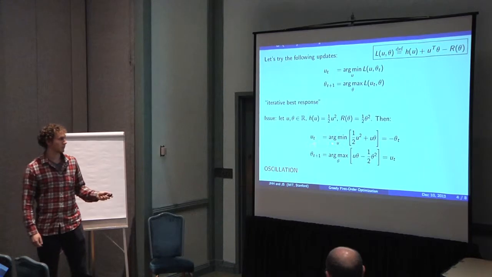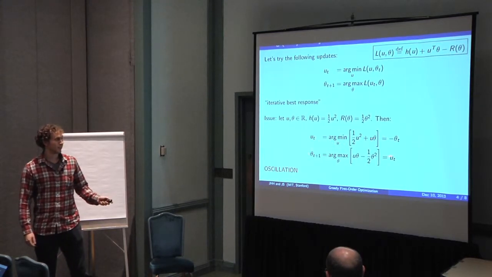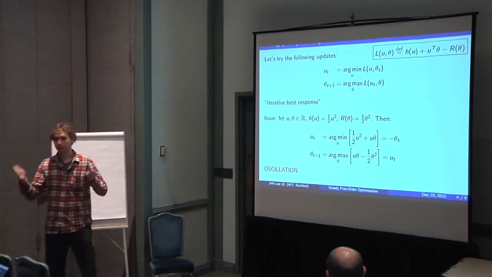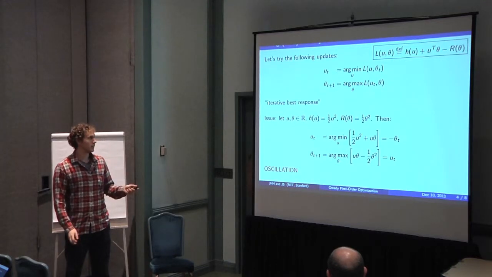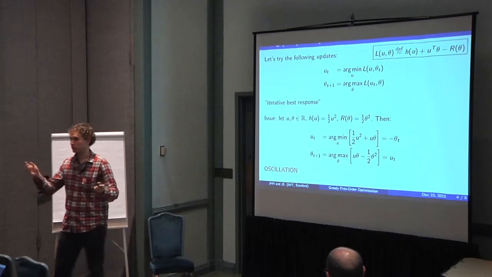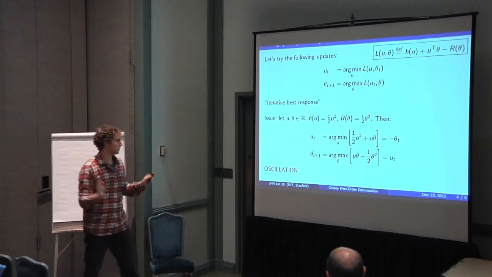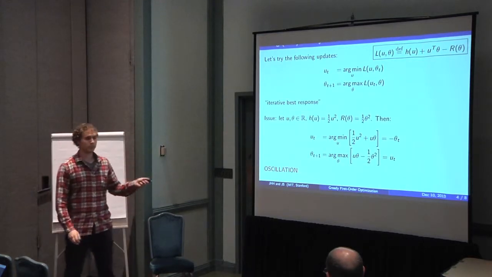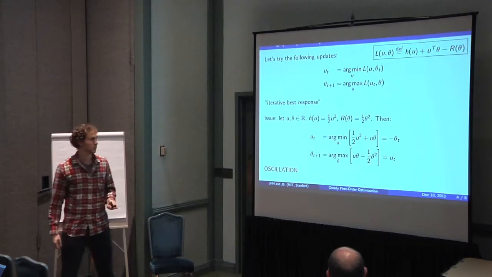Basically, we'll see that these updates make u equal to negative theta, and then theta equal to u. And so you're just going to oscillate back and forth between the negative and positive value. And if you made these slightly less than a half, like 1/3, then it would be even worse. You'd actually spiral off to infinity. So this is maybe the thing you might want to try, but it doesn't work in general, even if everything in sight is nice, strongly convex, strongly smooth.